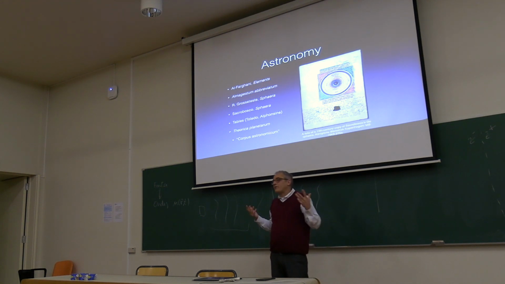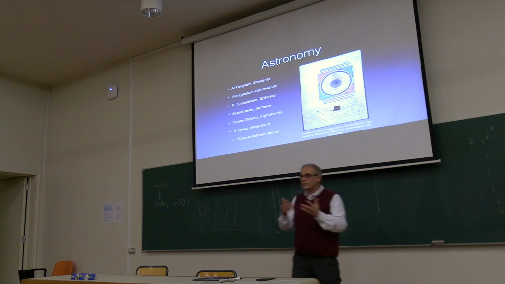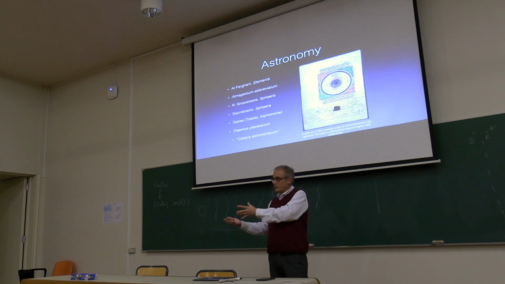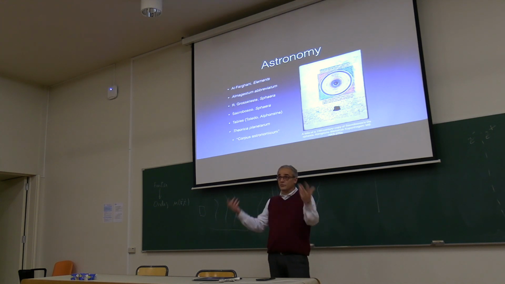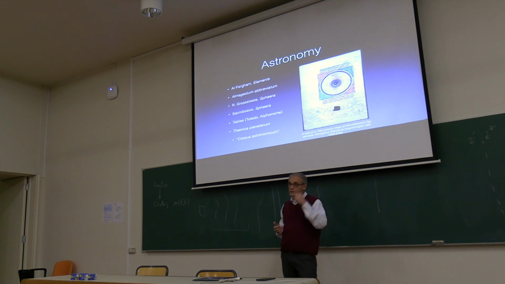So basically, one of the original functions of geometry was obviously to give the students the possibility to learn astronomy. Imagine you read the Almagest. I don't know if you have ever opened the Almagest of Ptolemy. If you don't know anything about geometry, you would never understand anything in this book. So in this sense, geometry was also necessary to astronomy.